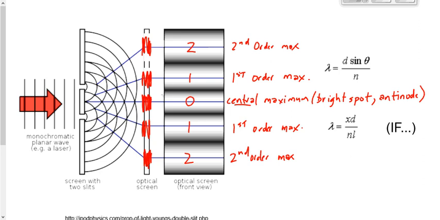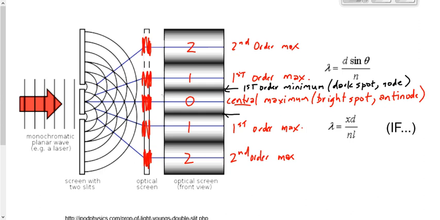Now in between those maxima are the minima. We will call this one our first order minima. We could also call it our first order dark spot. Or we could also call it our first order node, not antinode, but node.